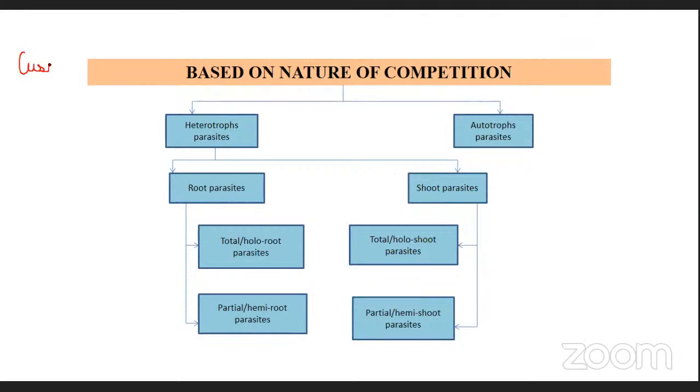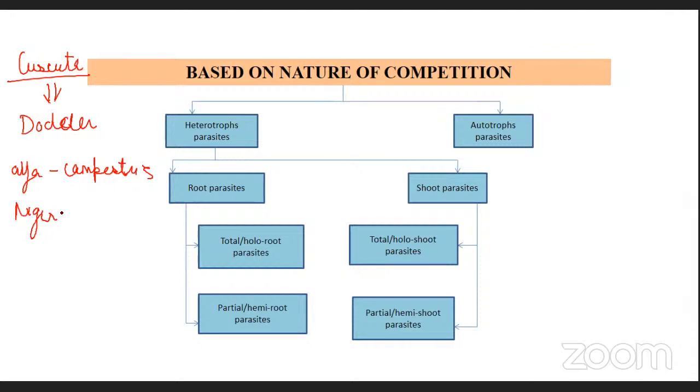If we talk about the cuscuta, then the common or English name is dodder. Okay, and I have told you that they usually attack alfalfa. So for alfalfa, Cuscuta campestris is the species which is going to attack. And in Niger, the species is Cuscuta chinensis. And for linseed, we have Cuscuta epilinum.